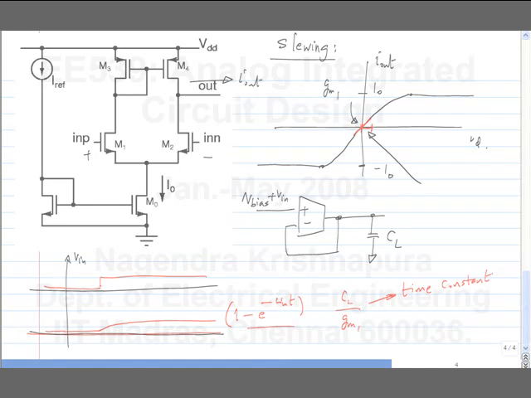This is the time constant. Now, if we modeled an op-amp using its unity gain frequency, this is what we expect. And from this we can calculate the settling time for any accuracy, if the op-amp were linear.